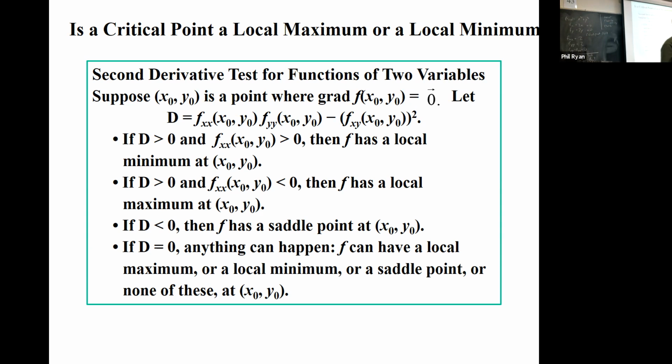What is the fxy? Like, what is that? That's the mixed partial derivative. You take the derivative with respect to x, and then you take the derivative with respect to y. In this case, it's 0.